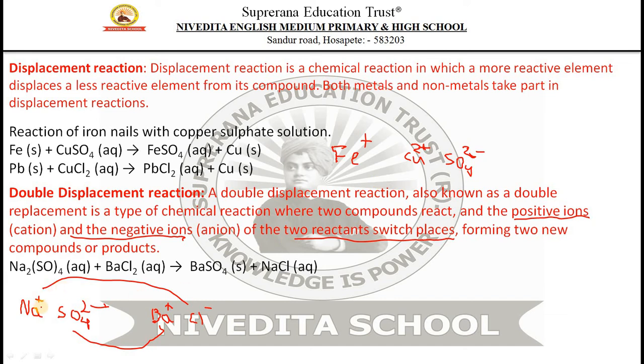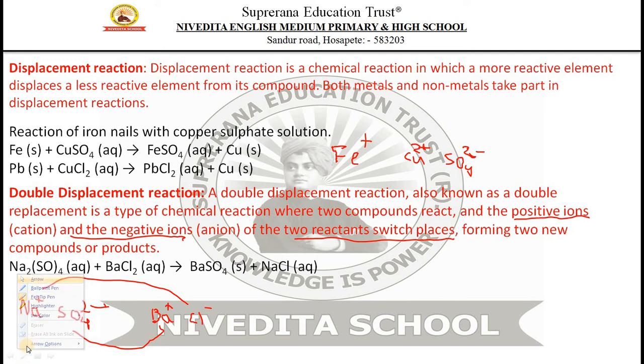So here the metallic parts or cations remain the same, only the non-metallic part, that are anions, change their place. But here, as you can see, the non-metallic part changes position and everything else remains the same. So this is the difference between displacement and double displacement reactions.